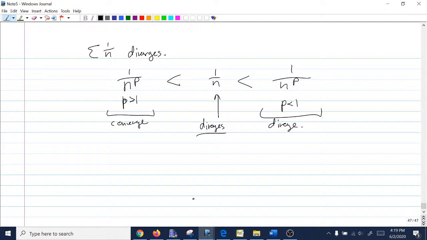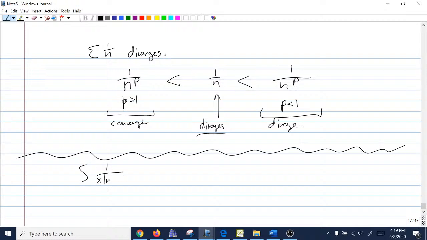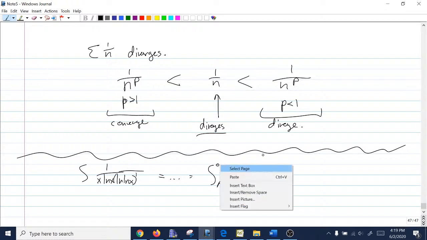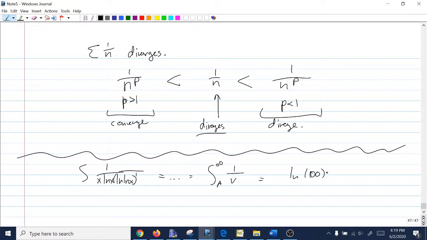We only did the integral one way, but if we had the integral of 1 over x log x, not squared, that'll turn into the integral of 1 over v from somewhere to infinity, which will be natural log of infinity, which diverges.